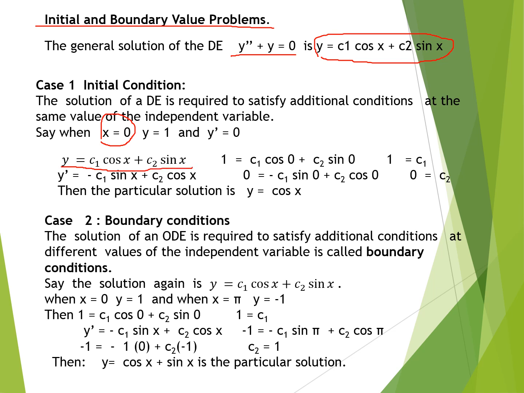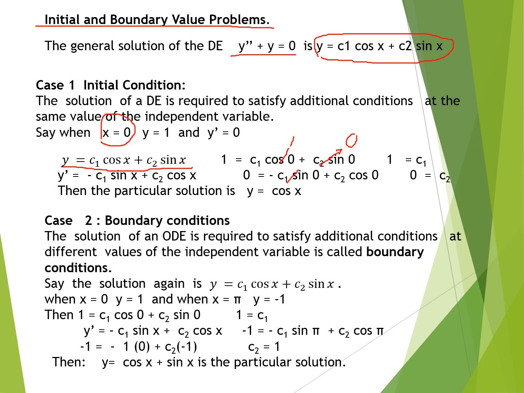Plug in: 1 equals c1 cosine 0 plus c2 sine 0. Of course, this is 0, and therefore this is 1, and therefore c1 is 1. And get the first derivative: negative c1 sine x plus c2 cosine x, and plug in: 0 is equal to negative c1 sine 0 plus c2 cosine 0.